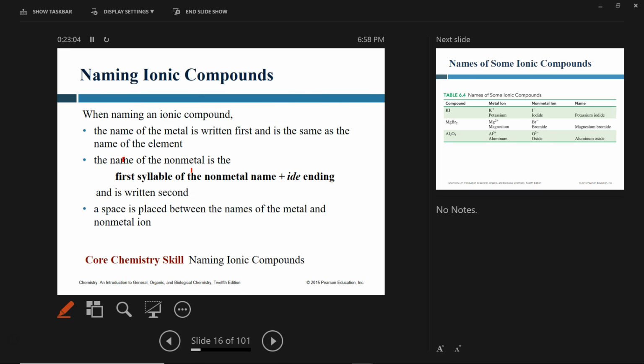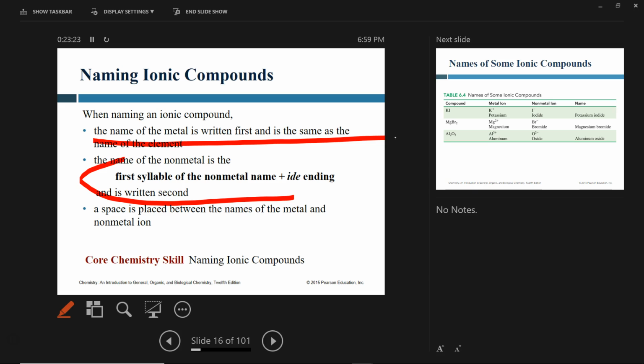So, naming. The name of the metal is always first. That's the general rule of thumb. Let's say you have a formula for an absolutely generic, hypothetical, non-existing compound.